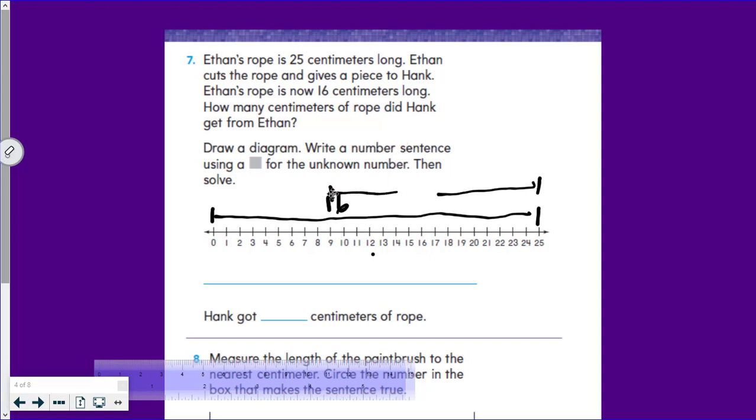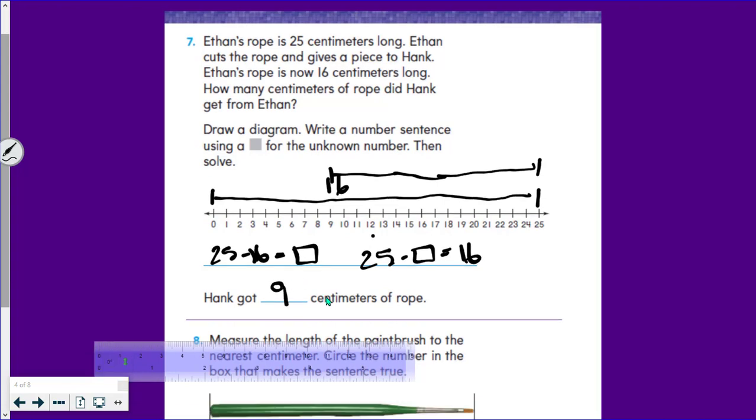All right, so that means we could do 25 minus 16 equals blank, because there's actually two ways we could do this, or we could do 25 minus blank, because we don't know how much he gave Hank, equals 16. So there's two ways we could do this. And so that means Hank got 9 centimeters of Ethan's rope.